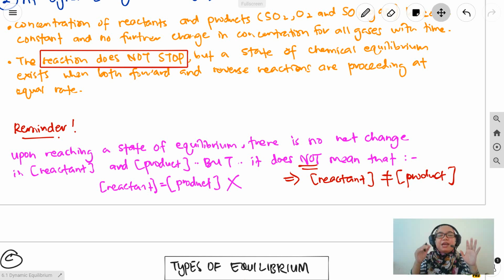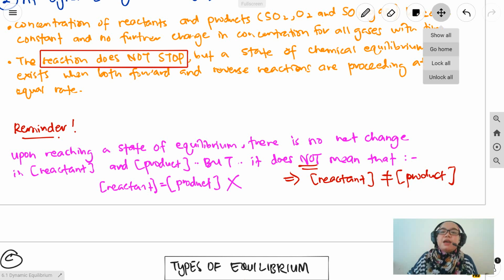The concentration of the reactant is different from the concentration of the product. So the state of equilibrium just shows that the concentration of the product and reactant remain constant. Okay, itu je. Bukannya dia cakap the concentration of reactant is equal to the concentration of product. Bukan. Okay, so understand the difference between that.